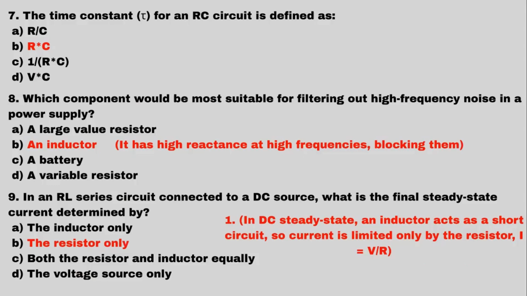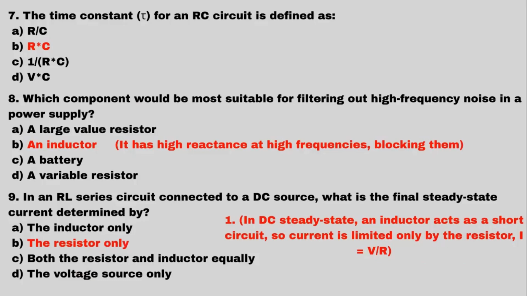That we have already seen. 9th question, in an RL circuit, that is a resistor and inductor series circuit connected to a DC source, what is the final steady state current determined by? The answer is B, the resistor only. Why? In DC steady state, an inductor acts as a short circuit, so current is limited only by the resistor, I that is V by R.